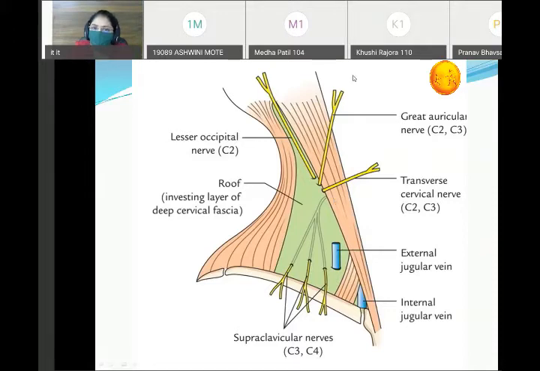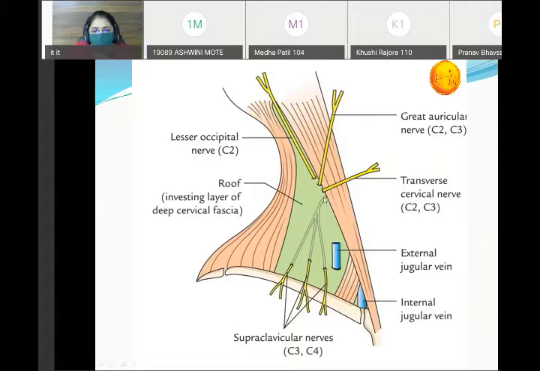Then it supplies the skin over the parotid and the pinna. Then transverse cervical nerve. It again emerges from the posterior border of the sternocleidomastoid muscle. It runs over the sternocleidomastoid muscle and it supplies the neck region.